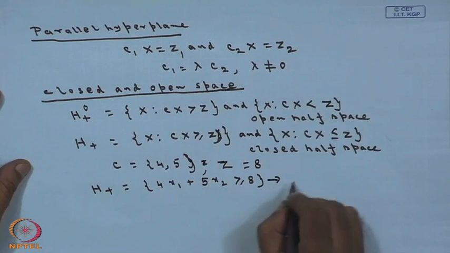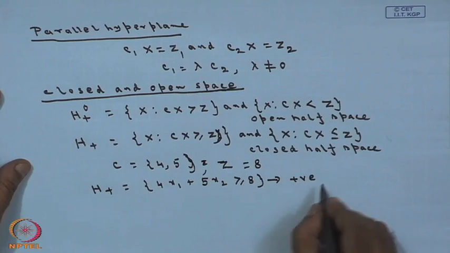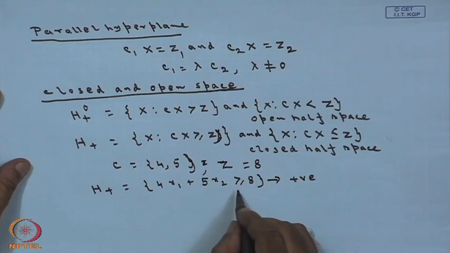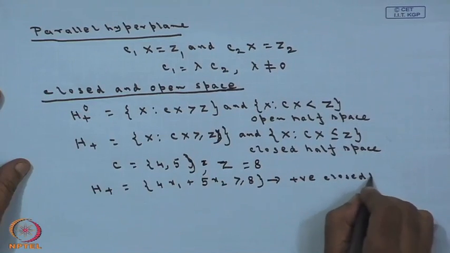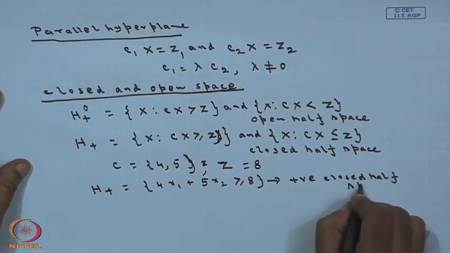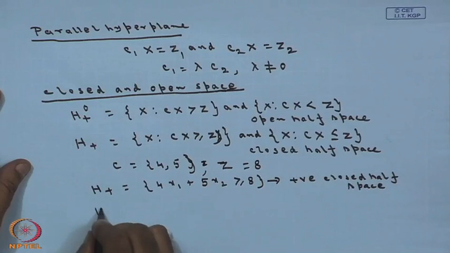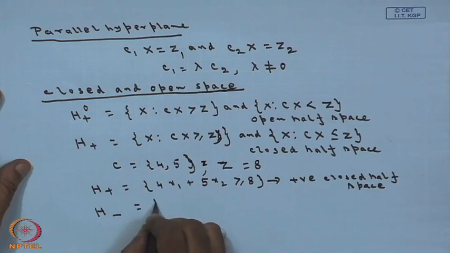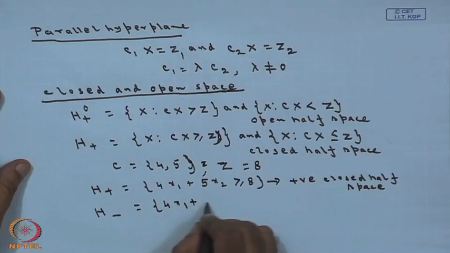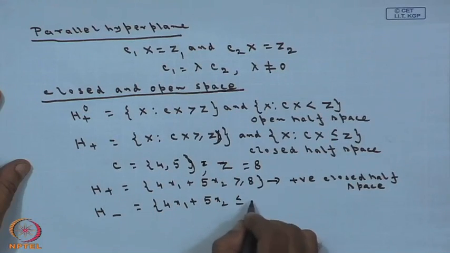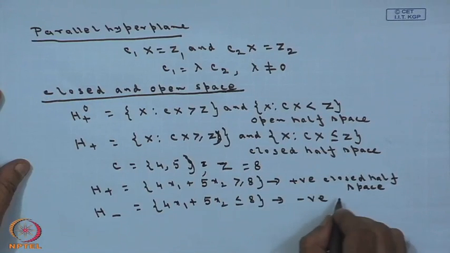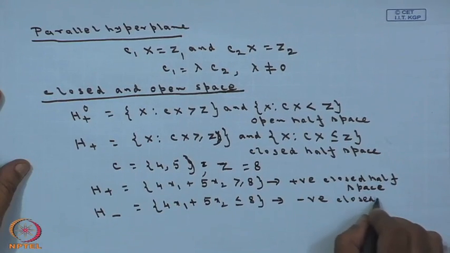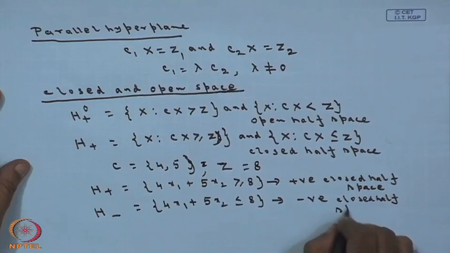This one you may call a positive closed half space, since we have considered greater than or equal to here. Whereas if you take H minus, then this will be 4x1 plus 5x2 less than or equal to 8. This we may call a negative closed half space.